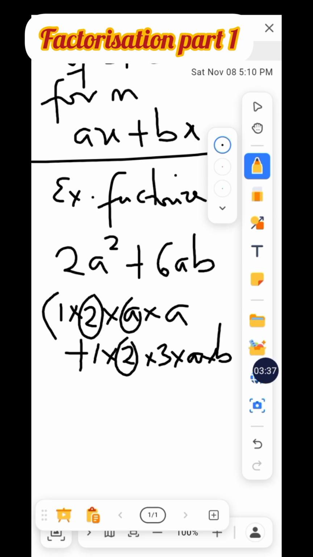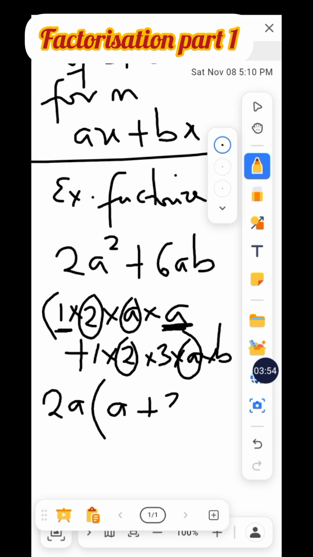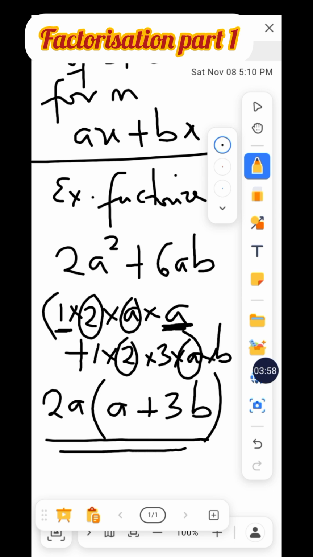I have a here, I have a here. Those things that are common, you bring them out. That's 2a into brackets. You now multiply those things that are not common. So we have 1 times a, that's a, plus 1 times 3 times b, that's 3b. And this is the factorization of this expression.